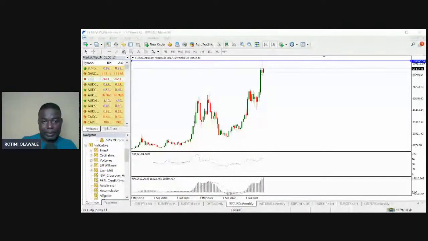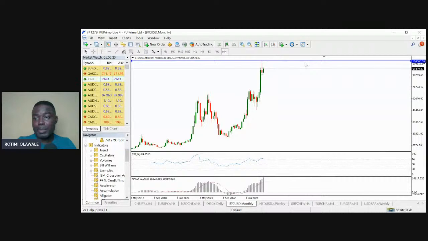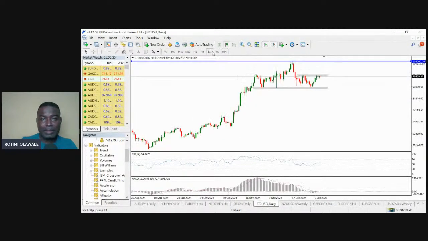All right, so we have BTC USD. Now for BTC USD, price closed for last year. We have the high point being $108,000 per BTC, and if you flip down to the daily time frame here, we can see that price currently is trading at a resistance level on the daily time frame.